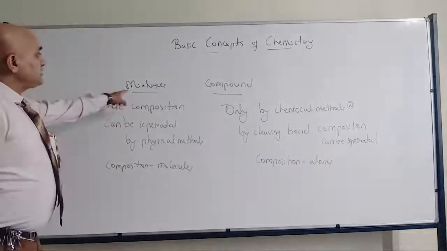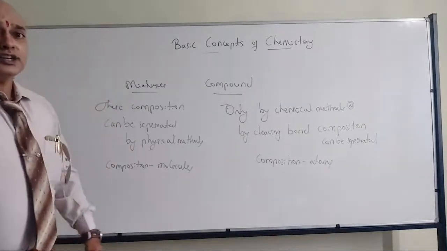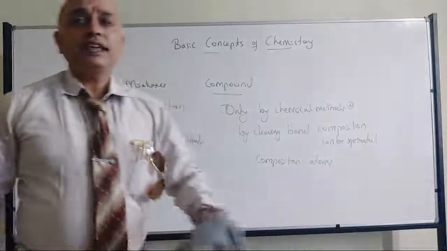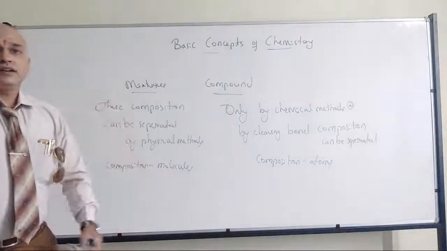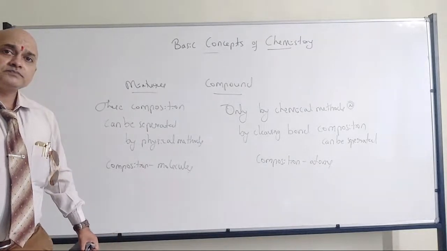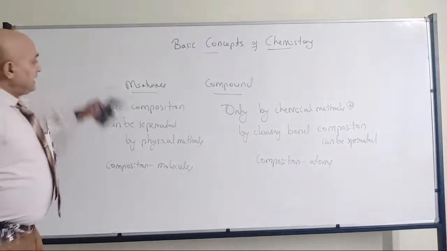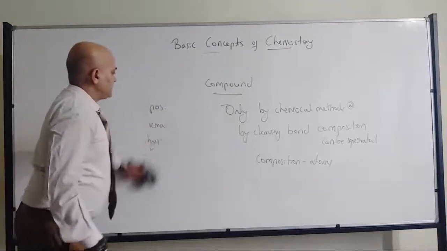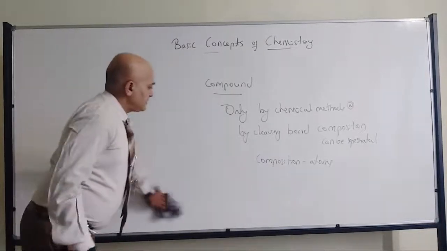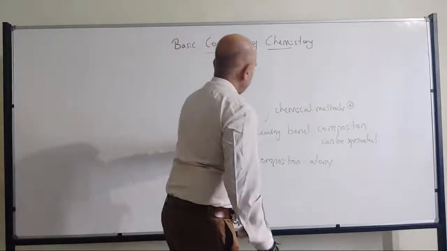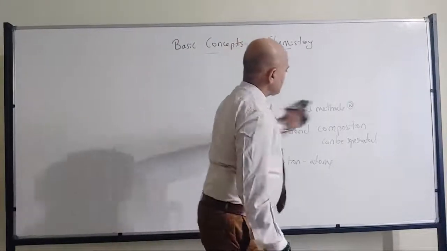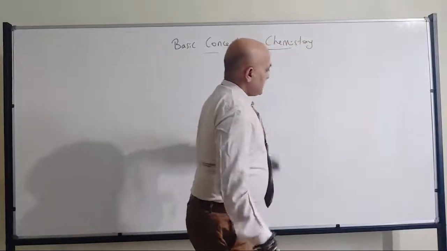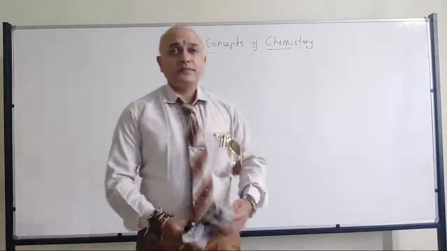So due to that, this comes under mixture, the impure form. That one comes under the pure form of matter. All of you have understood? Fine. Any doubts? If you have any doubts, you can ask. That's where we have the difference between compound and mixture.